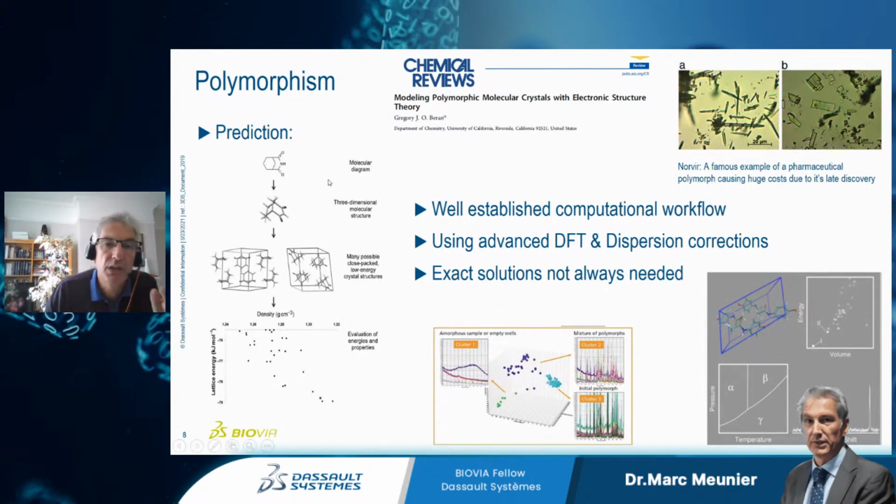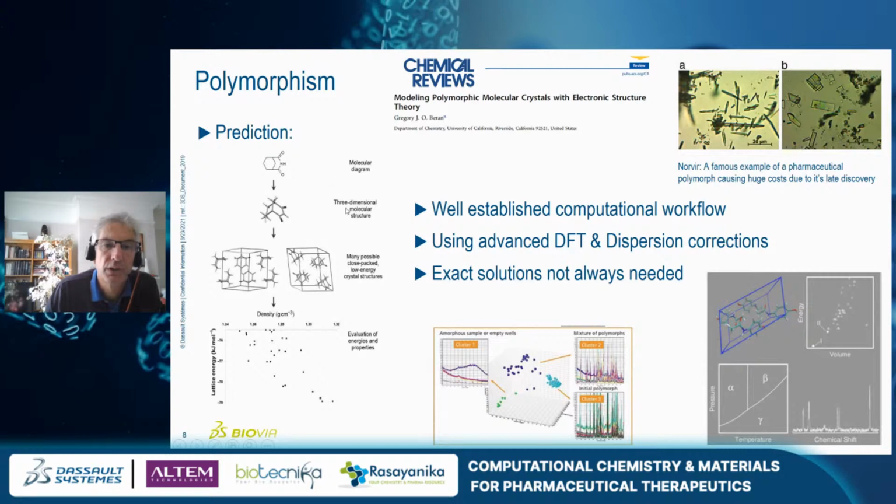We take the 2D diagram of the drug, and we create as many crystal structures as we can, and using some clever tricks and computing the molecular interactions between the compounds in the crystal cell, we can assess the stability and the likelihood of the active ingredient.